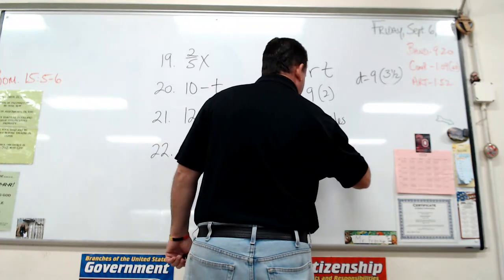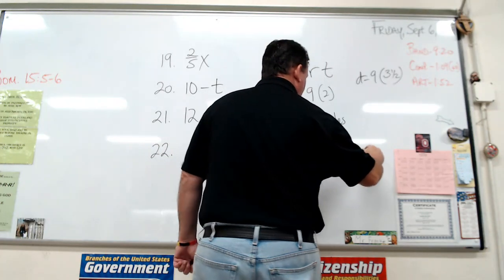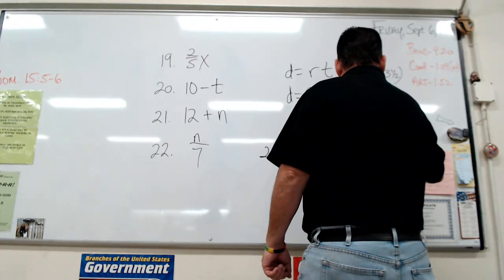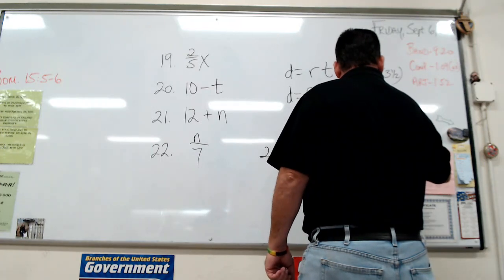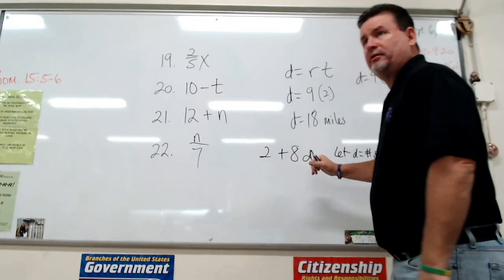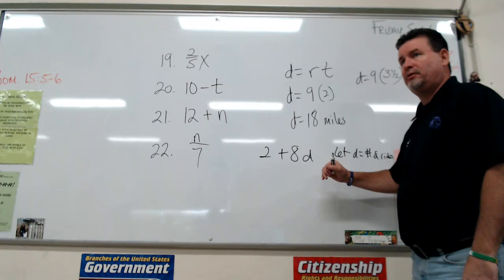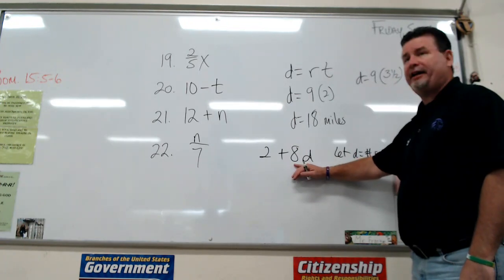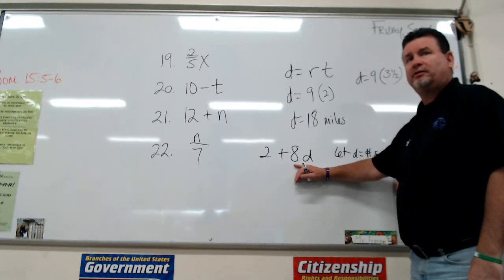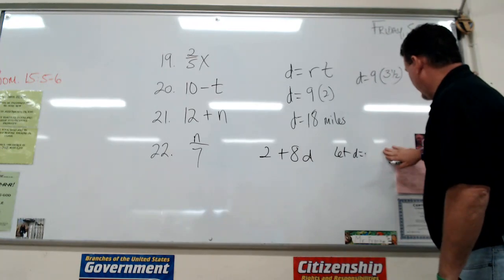We're going to let D equal number of rides. Each ride is, no, we'll let D equal the price of the ride.